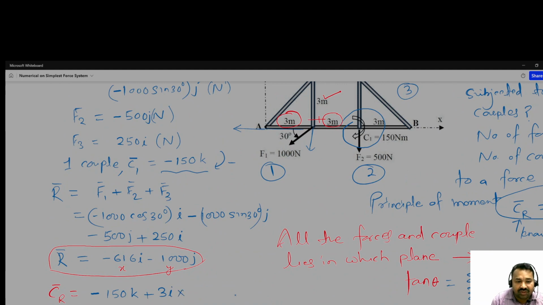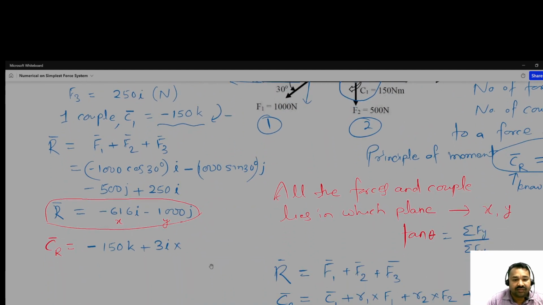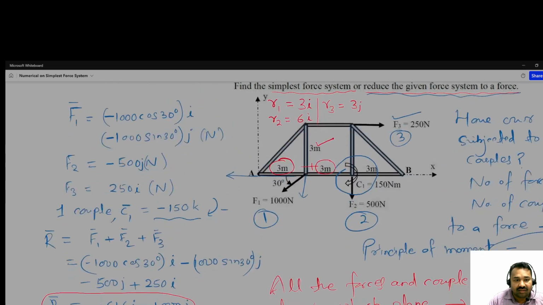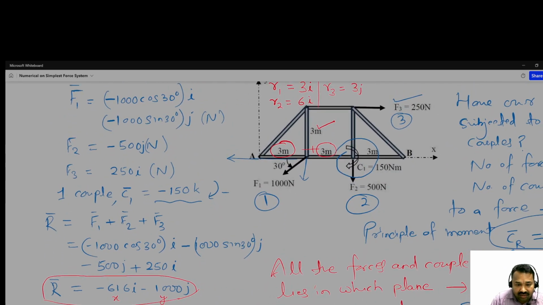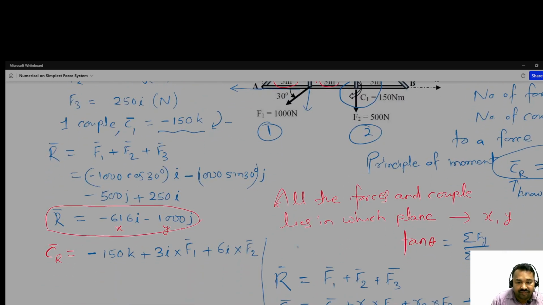and it's a cross product with F1. So F1 is what here? You can see. Let me write this, and plus 6I multiplied by F2, plus 3J multiplied by F3.